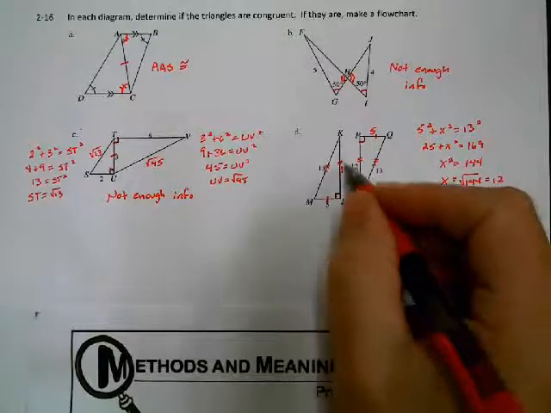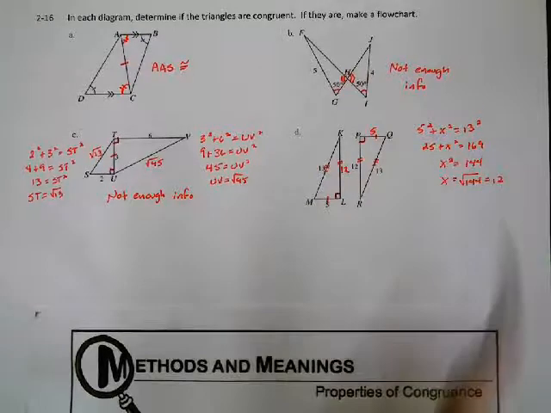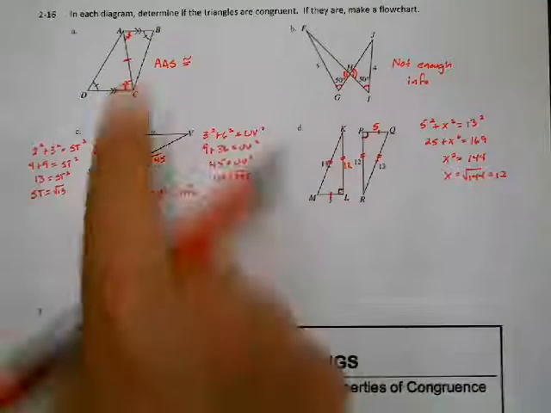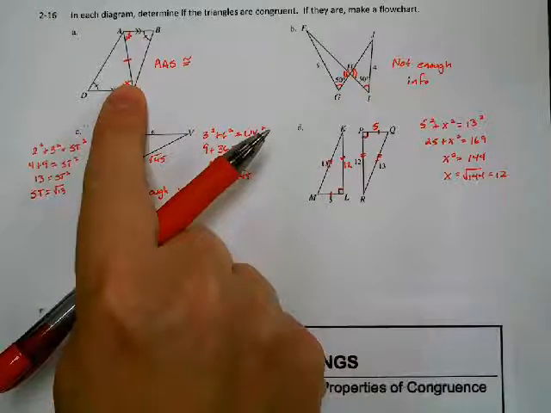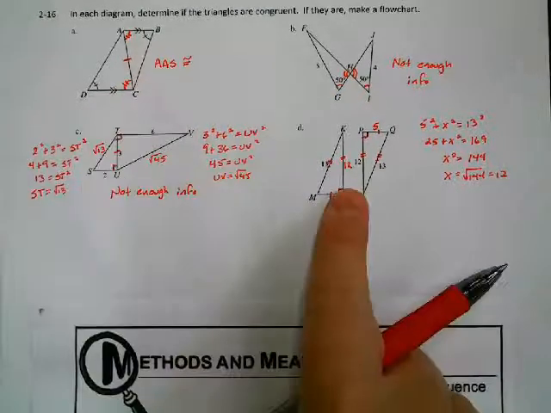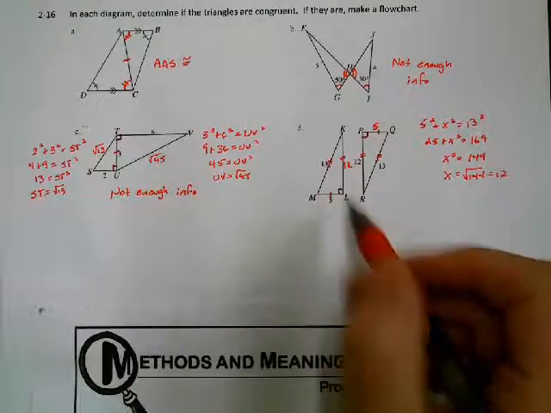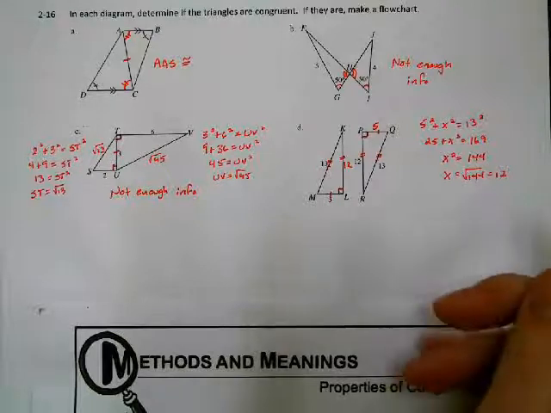We got to do flow charts for these. Yeah, I'll just do them real quick. So flow chart for this one right there. We kind of already did that same flow chart on the last page, so I'm just going to focus on this flow chart here. Again, we had the option of doing side angle side or doing hypotenuse leg. I'm just going to do hypotenuse leg for this one. Okay, so here's what I would do. I've got right angles right here.